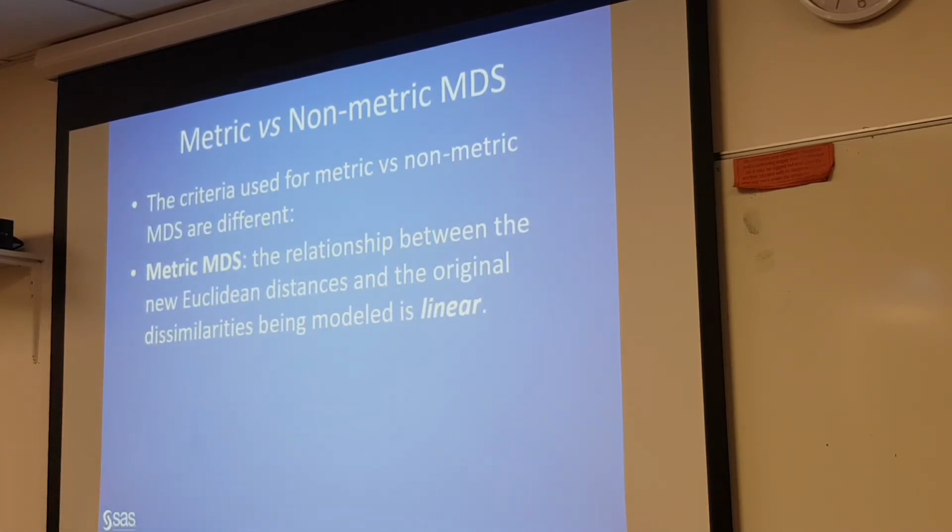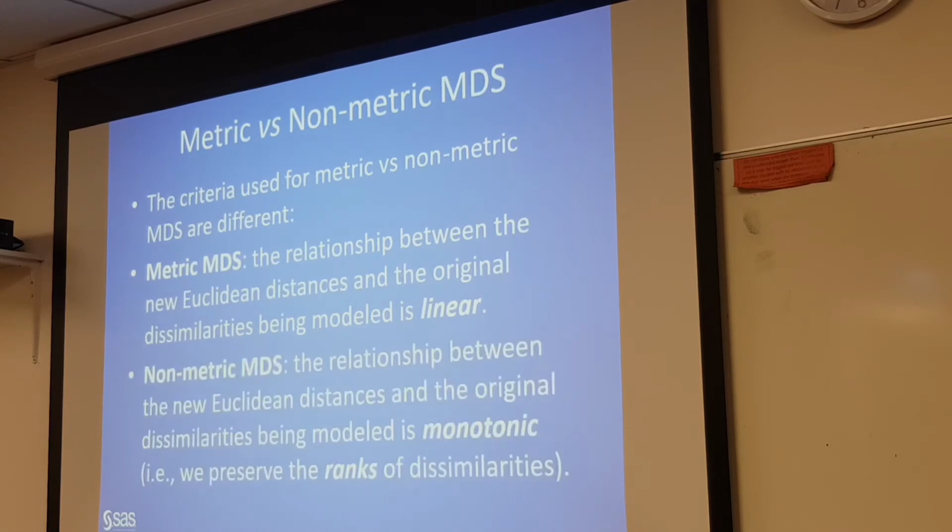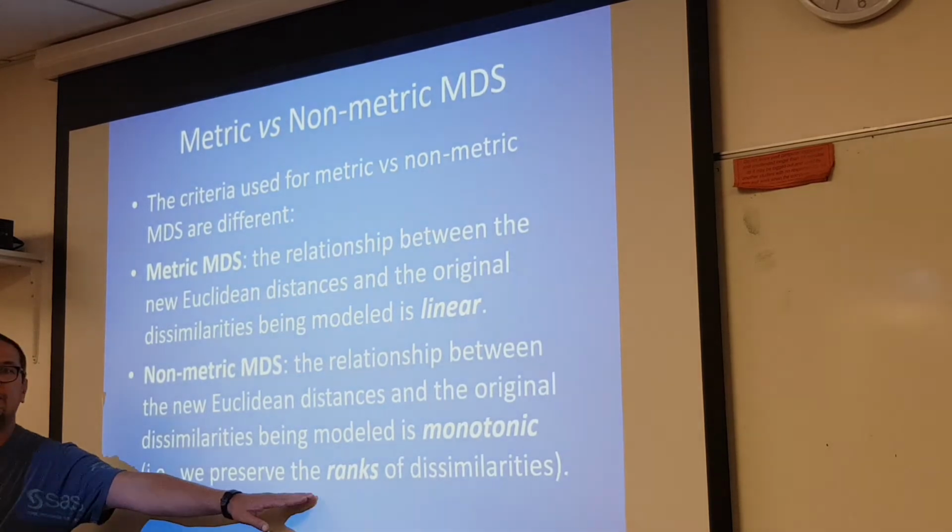Right? Non-metric MDS, in fact, doesn't deal with the distances at all. The relationship it's looking for is some sort of monotonic relationship between the full distances and the Euclidean distances on the map. So the only thing that you're trying to preserve is the rank of the distances.